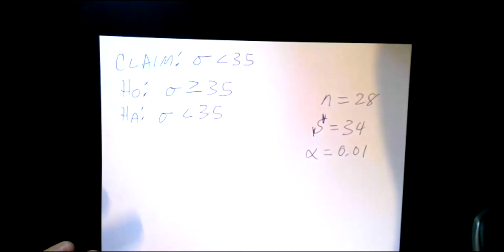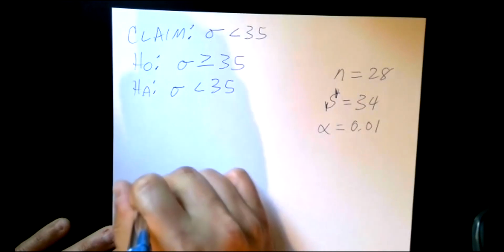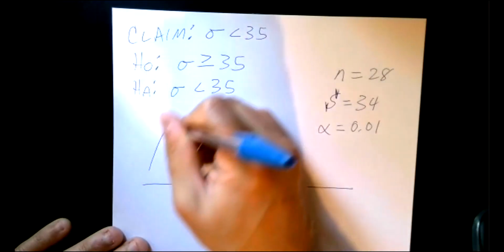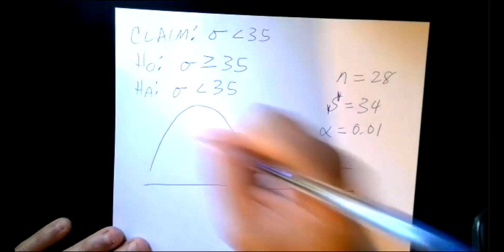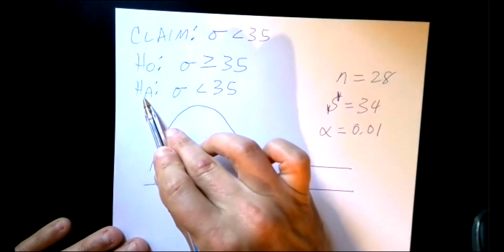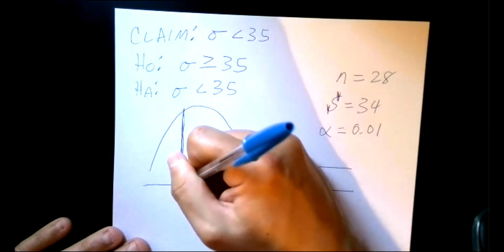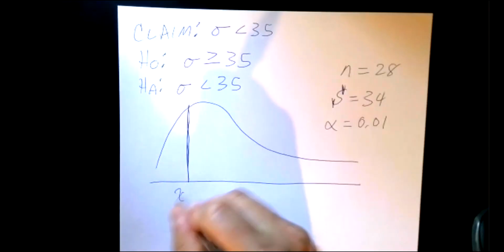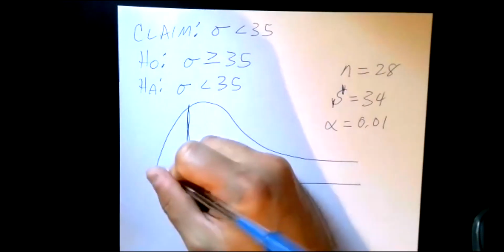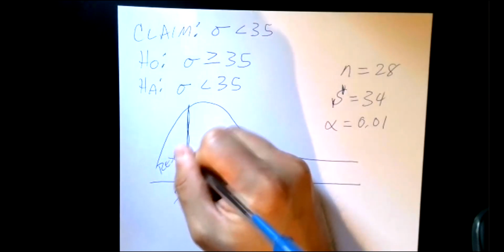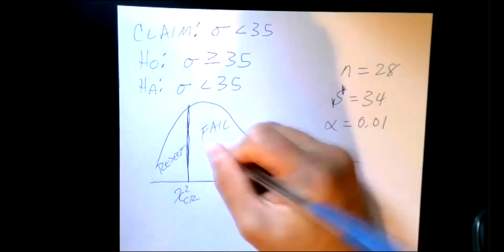Sure. Now, since we're talking about standard deviation, we're definitely going to use the chi-square distribution. Something like this. Because the alternative is less than, we need to know the chi-squared critical value, which separates reject from fail to reject.